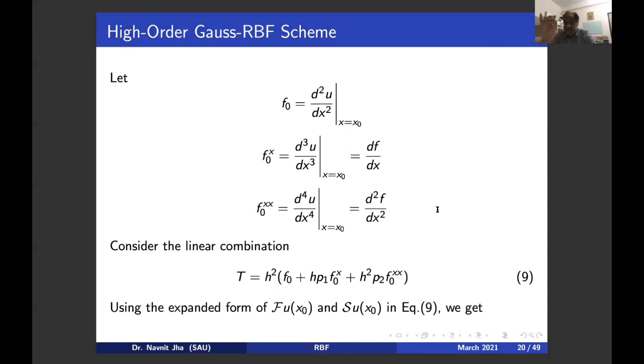From this slide, keep in mind that your differential equation is d2u by dx square equal to f of x. First of all, I will formulate a high order scheme for the simplest form of second order equation, and then based on that, I will extend it to the bigger equations.